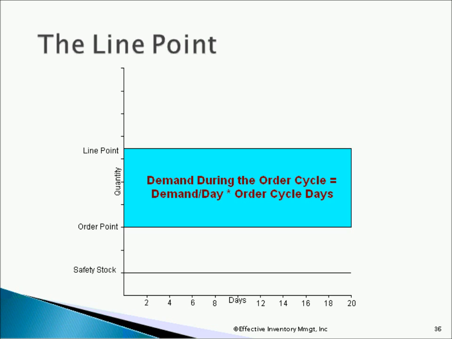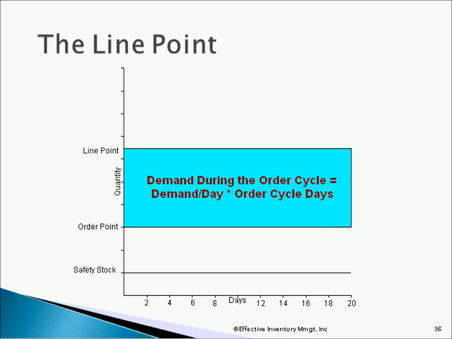Look at the illustration on slide 36. If I have an item that is below the order point, that is my lead time usage plus my safety stock, I think you'd agree that we have to place an order for that item today to avoid running out of stock.